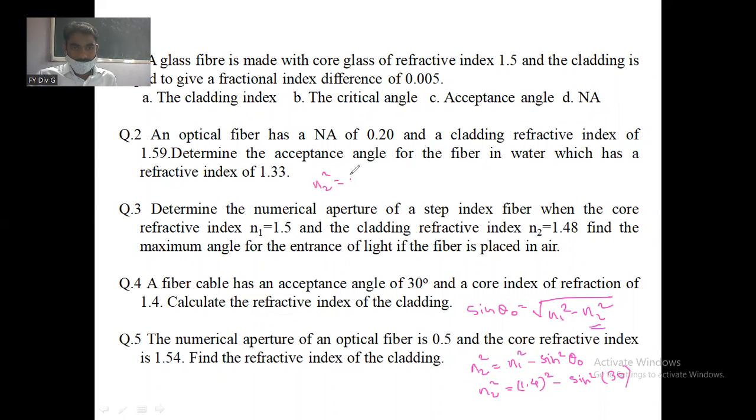So n2 square is equal to 1.96 minus sin square 30.